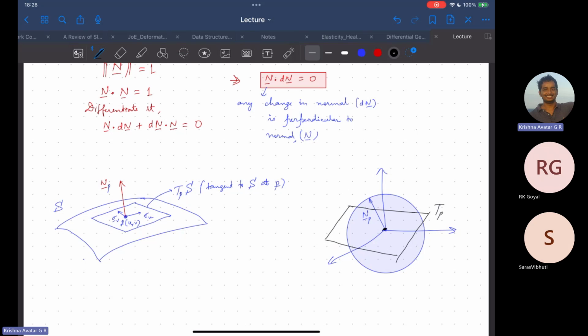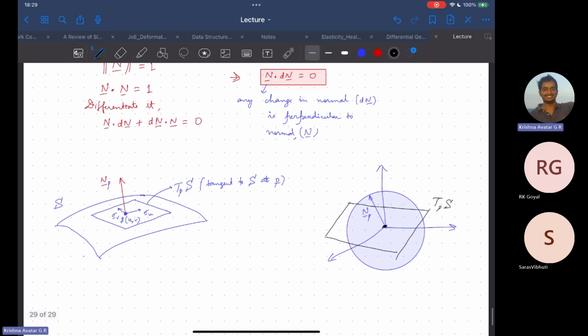It was nothing but TP of S. We are just doing that. These things are slightly confusing even for me as I try to understand them. So it means that we are taking and translating it.